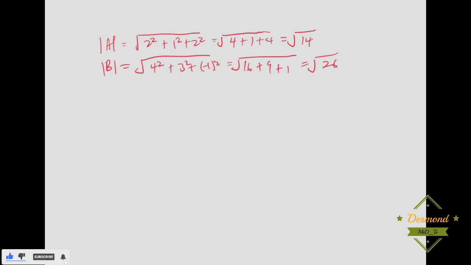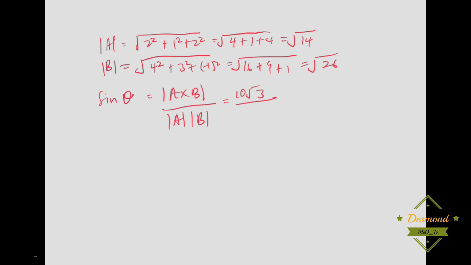And lastly, we find the sine of the angle between A and B. The sine of the angle is the magnitude of A times B over the magnitude of A multiplying the magnitude of B. With the magnitude of A times B, we got 10 root 3, and with the magnitudes of A and B, we got root 14 multiplying root 26.